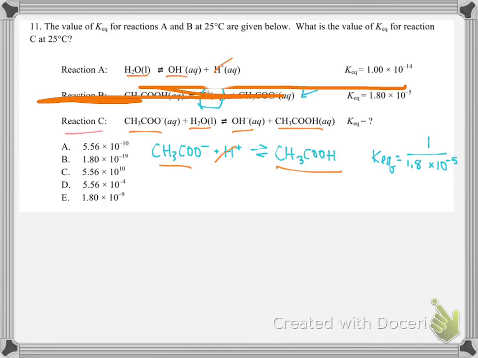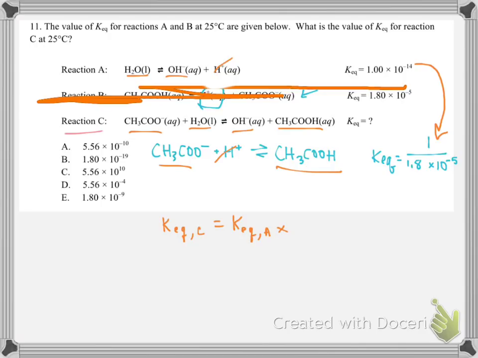Okay, so we're going to combine this top reaction with the rewritten reaction to make our new equation. And so when we combine our KEQs, we're going to multiply them together. So KEQ for reaction C is going to be equal to KEQ for A, which we didn't change at all.